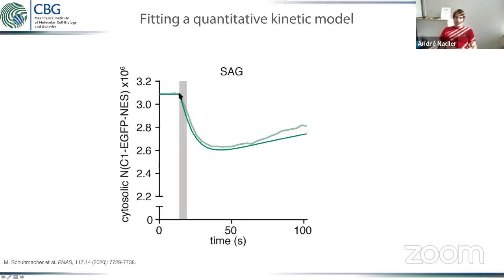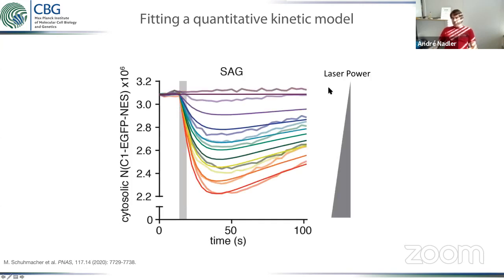And in this graph here, you see the fit to the data. And I'm playing a little trick because in the model, if you remember, I had at least 5 free parameters. So what we did was not only to have one time trace to fit these data to, we varied the laser power, generated an entire measured diacylglycerol liberation for each of them, and then acquired time trace data for each laser intensity, where we liberated a defined number of diacylglycerol molecules. We then did a global fit to all of these conditions at the same time.